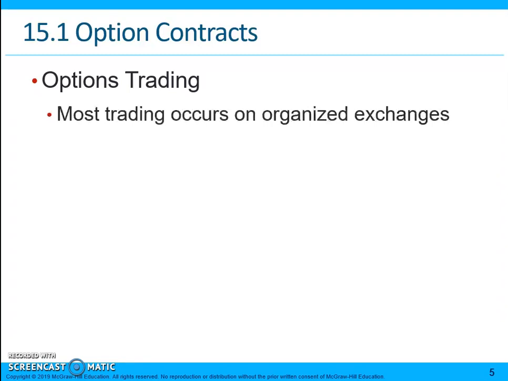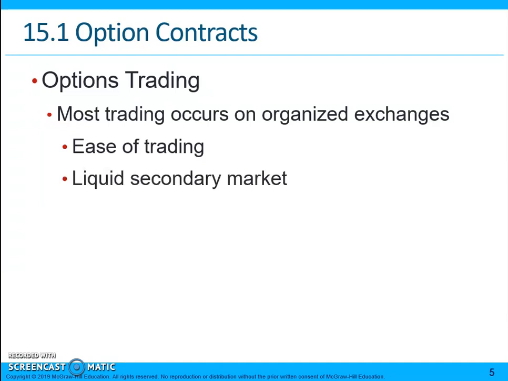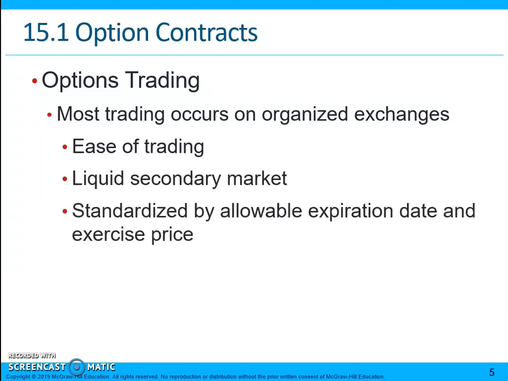Option trading. Most option trading occurs on organized exchanges. They simplify trading and make it easier. They provide a liquid secondary market, and they also standardize allowable expiration dates and exercise prices. That's what you saw when we were looking at Microsoft.